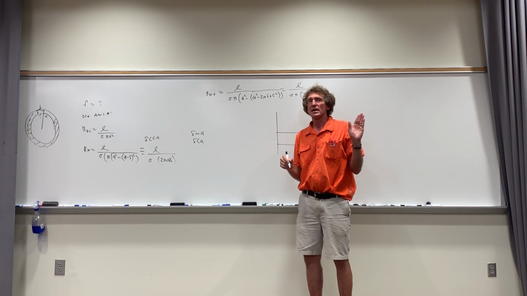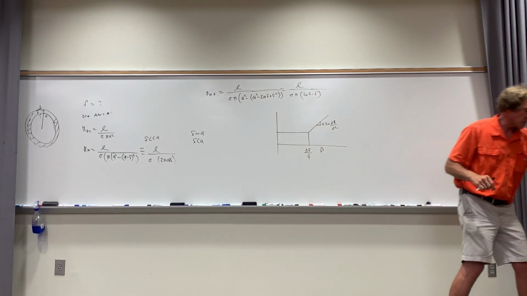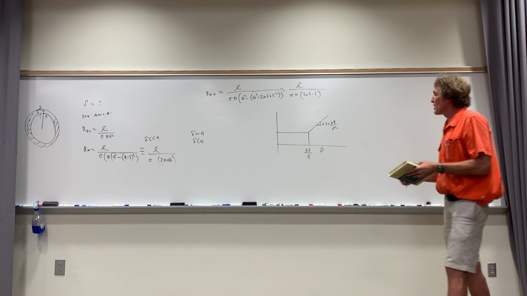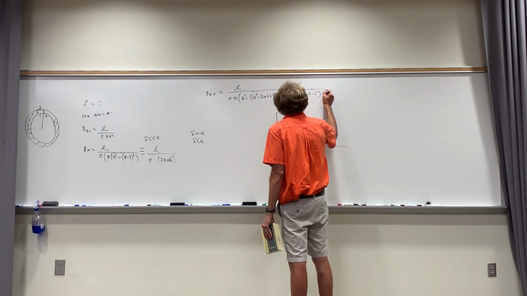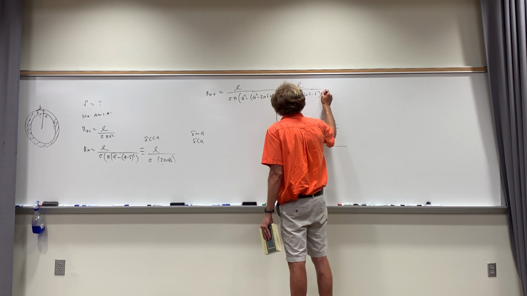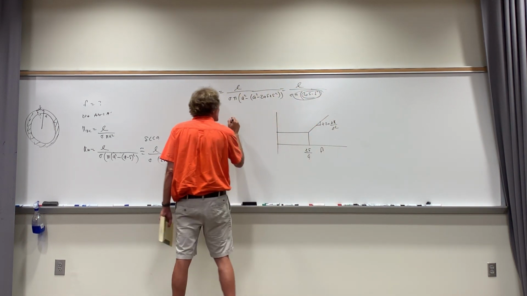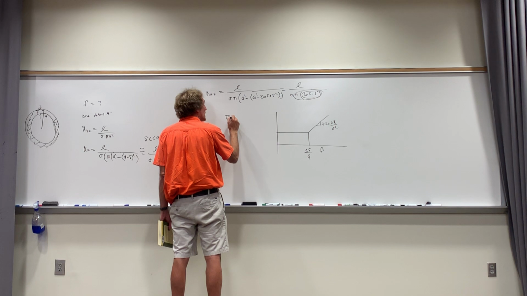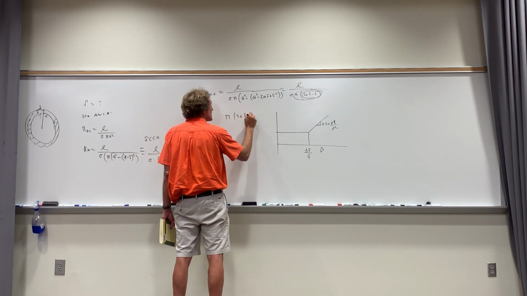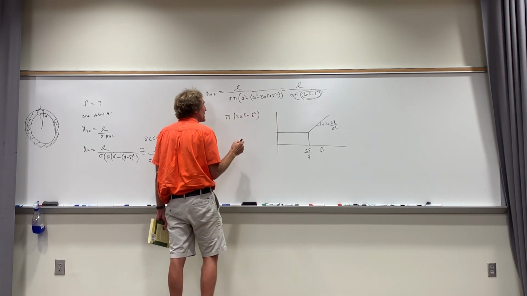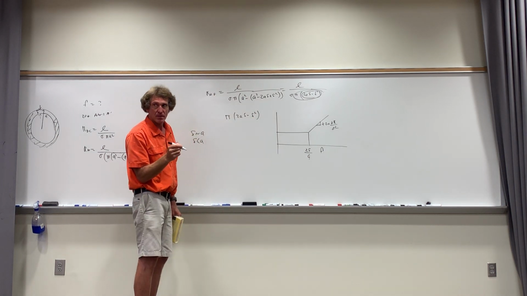Or, wait a second, Whitworth has this in his book. I'll give you the page. But where he gets it is this. He's going to set this right here, the pi times, just listen to me and you'll see it, times 2a delta minus delta squared, because that's the area, all right?